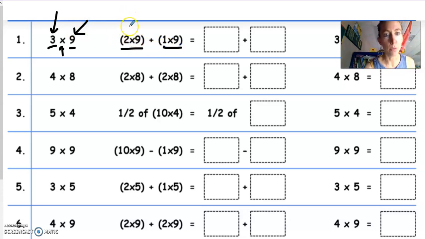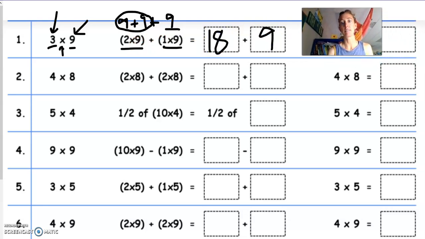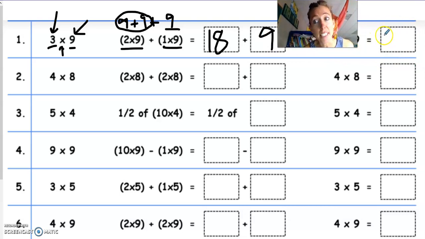So you still have 3 9s, 9 plus 9 plus 9, but we're thinking smartly by grouping them into a double and one more set. So double 9 is 18 plus one more set of 9. So 18 and 9 would give you not 28, it's close to that. Go ahead and say it. 27.